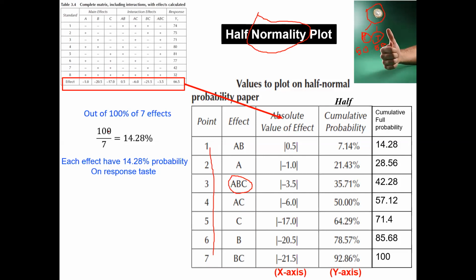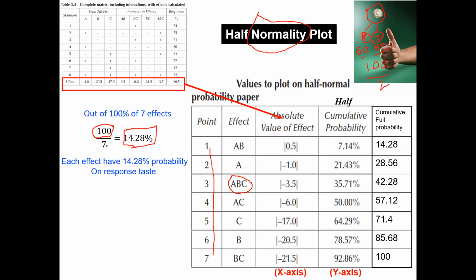So how we can start is, let us say all these 7 factors are 100%. Now each factor has a 14.28% chance that it will influence the taste. That is the concept of head and tail. We don't know whether head will come or tail will come, but we are saying each has 50% chance, because 100 divided by 2 chances, that is 50 each.